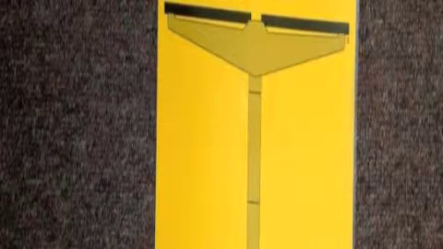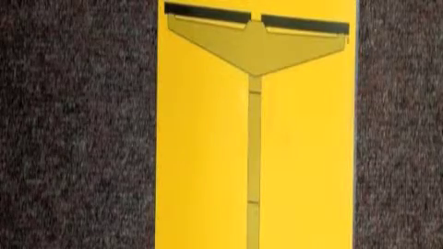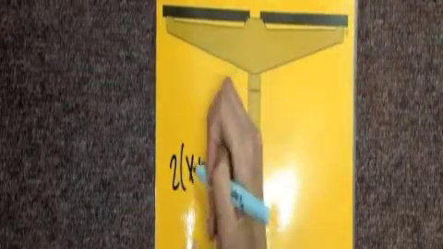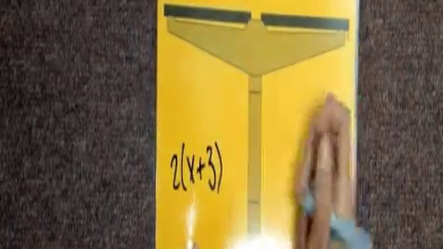So now that I've got that, let's work on something with variables. So I flip my hands-on equation sheet back over. I'm going to start by putting 2 parentheses x plus 3 is equal to x plus 8.